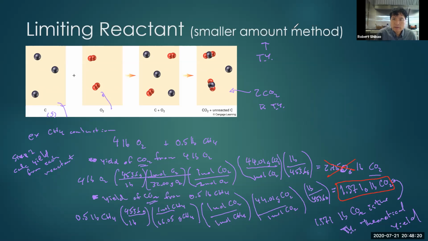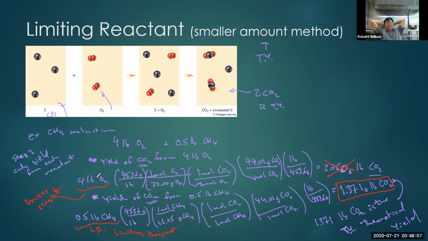Okay, so what we do then is we say that this is our limiting reagent, LR, to be limiting reagent. And this here is our excess reagent. And so we're going to burn all the methane, but we aren't going to react all the oxygen.